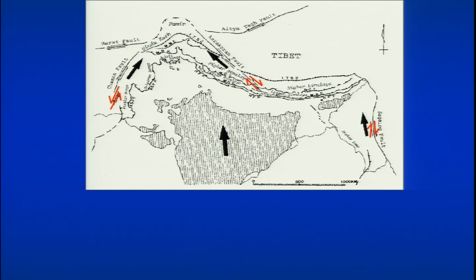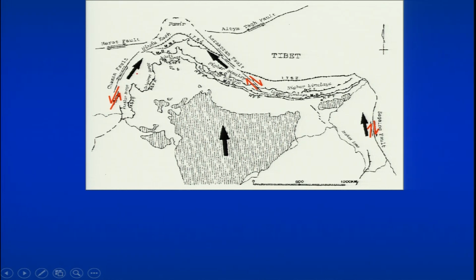And as I was mentioning, one of the transform fault systems that exists in the Himalaya is the right lateral Karakoram fault system, and on the western side we have the Chaman fault system.